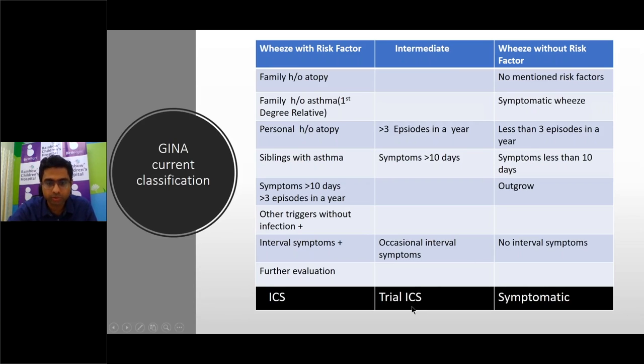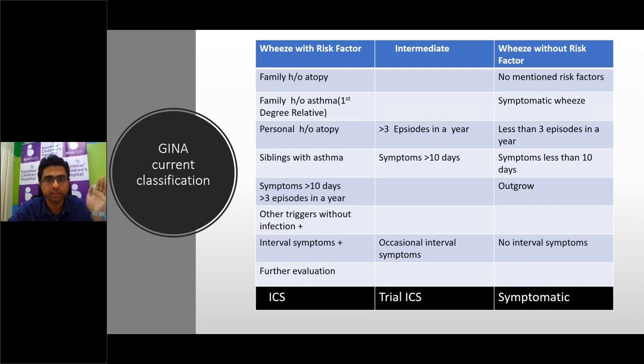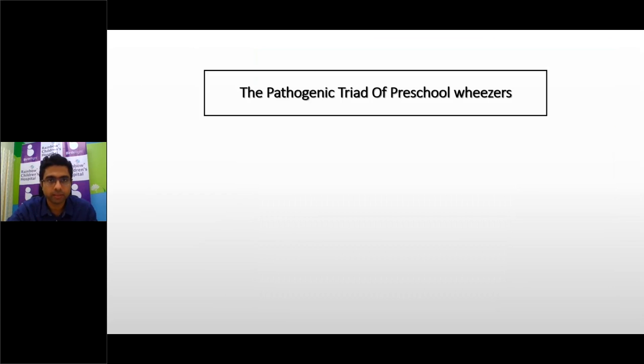In this 50-50 scenario, they don't fall into episodic wheezer or wheeze without risk factor, nor do they entirely fall into the wheeze with risk factor category. In such a scenario, we can give a trial to see bronchodilator and inhaled steroid responsiveness. We have to give a trial of inhaled corticosteroid. So this is the current terminology. We classify them as wheeze with risk factor, intermediate, and wheeze without risk factor.